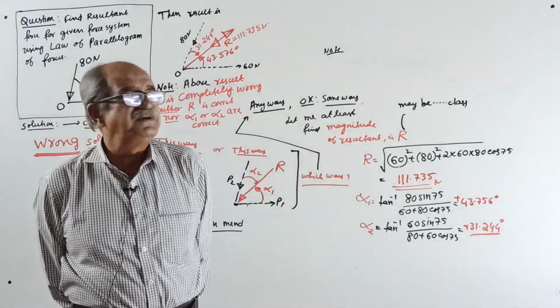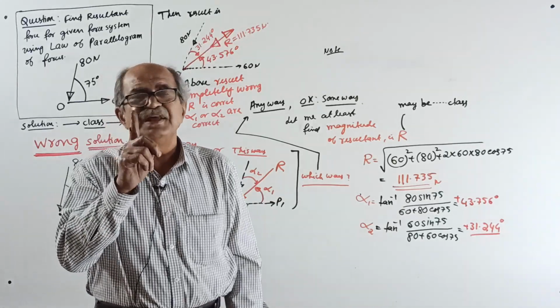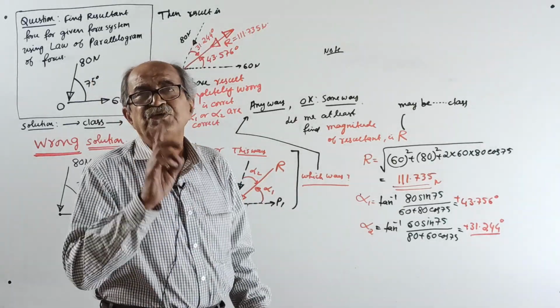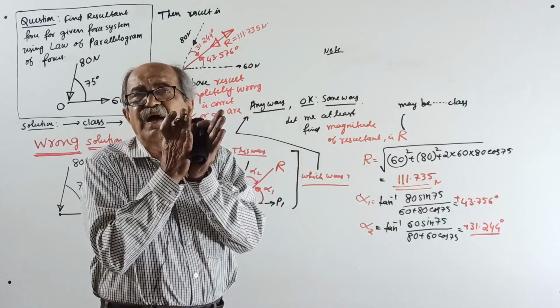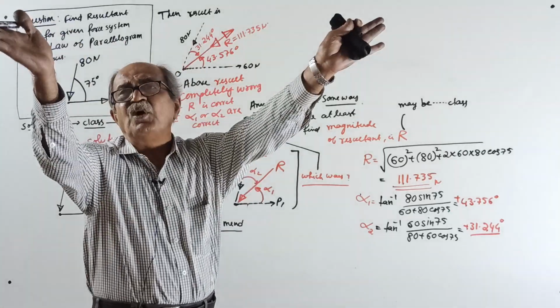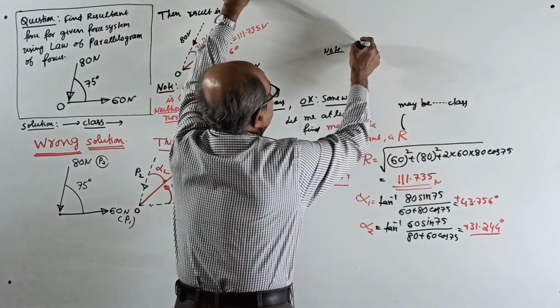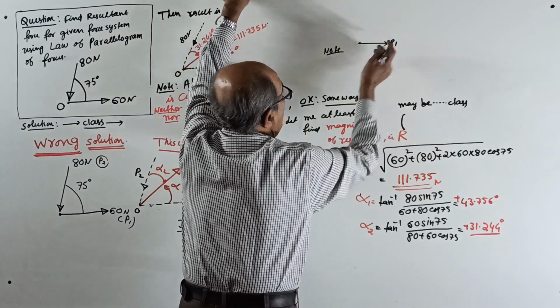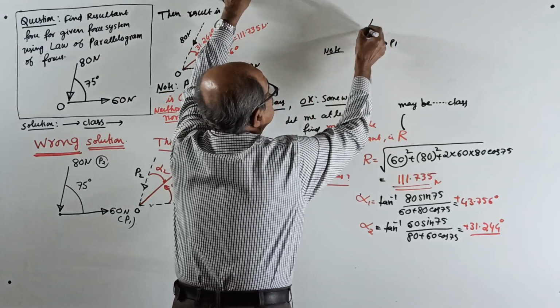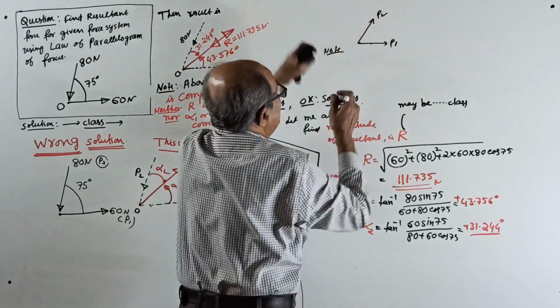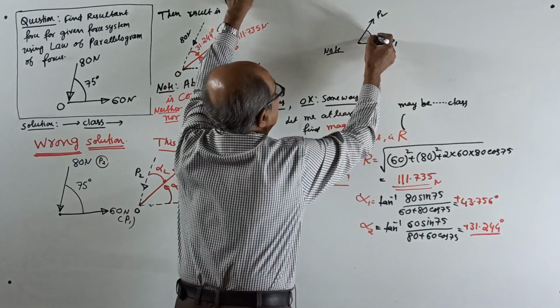For applying that expression, it is compulsory that both the forces should either act away from the point or act towards the point. If the force P1 is here, acting away, and P2 also acting away, this is your angle theta.